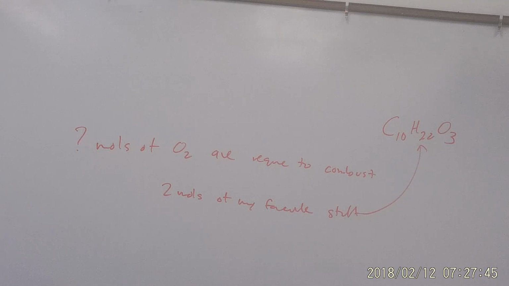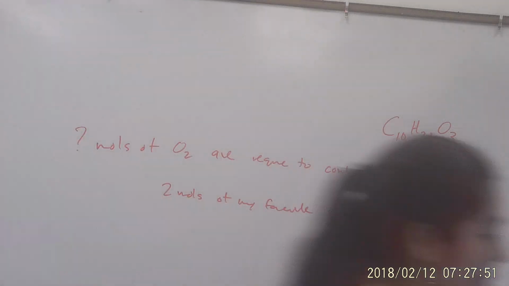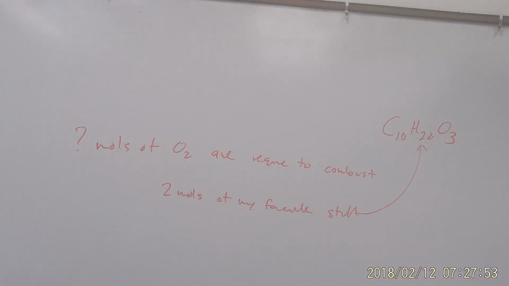Any ideas? Is it to just put an equal sign in the line? I think that's going to be okay for us. Moles of oxygen gas to the right, right? 2 moles of C10H22O3.